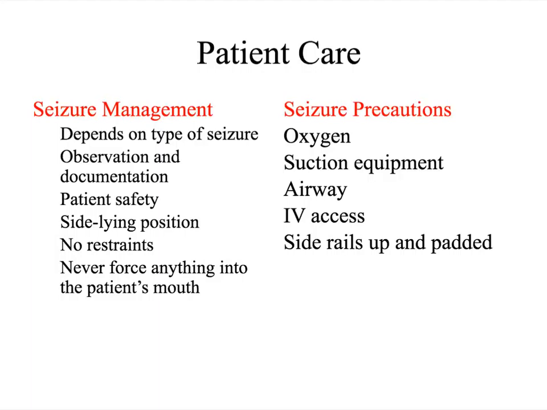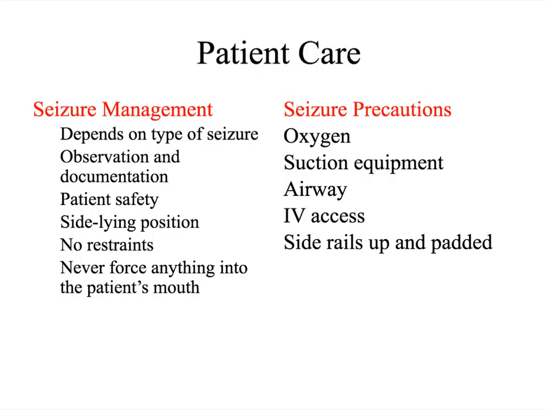It's important for the nurse to know that a patient has a history of seizures so that we can put in place any precautions we might need in the event that the patient does have a seizure. It definitely depends on the type of seizure, but any kind of seizure history should warrant us having oxygen and suction equipment available in the room in the event that we need them quickly.